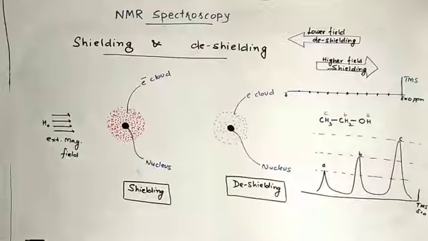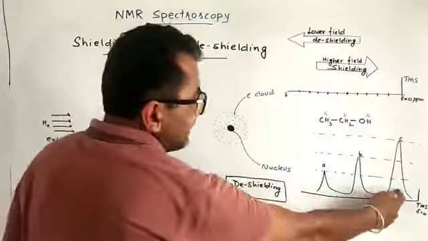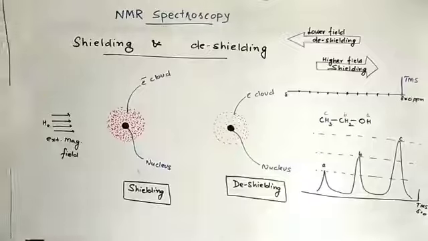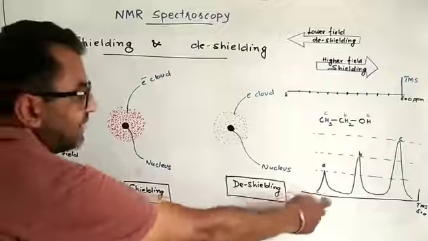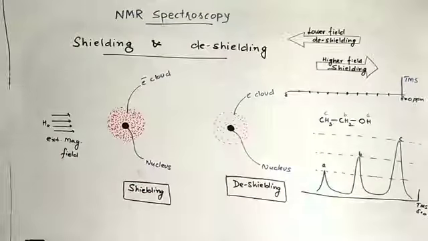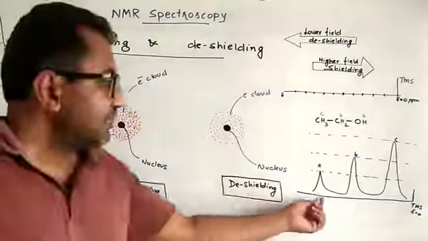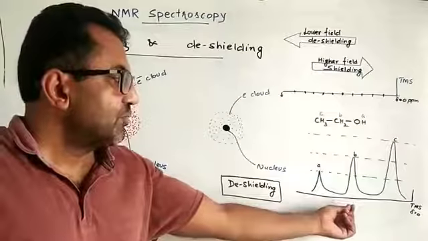The signal appears, and you can compare it with this. Like this, signals A, B, C. Signal C is at higher field. Signal A is at lower field. It means when we apply a low external magnetic field strength, we get A. Little bit more, we get a B signal.